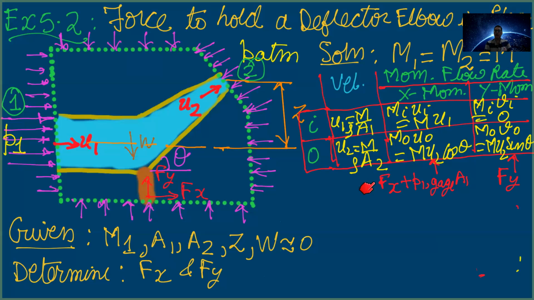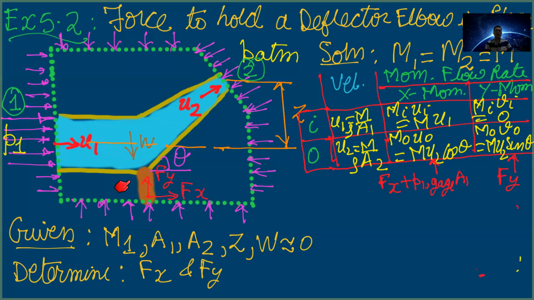Using the x momentum flow rate and y momentum flow rate, we can calculate the reaction force in the x direction. The net external force in the x direction is, note that you don't only have Fx here, but also pressure. At the outlet you have atmospheric pressure, everywhere you have atmospheric pressure, and as I mentioned in my lecture videos, whenever the control surface is at atmospheric pressure everywhere and at some portion you have a larger pressure, we work with gauge pressure.